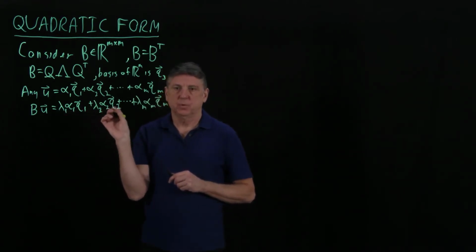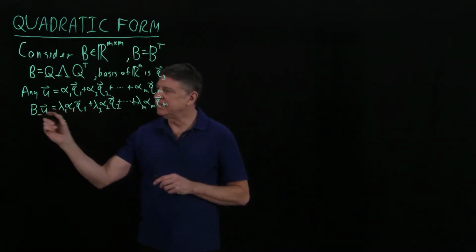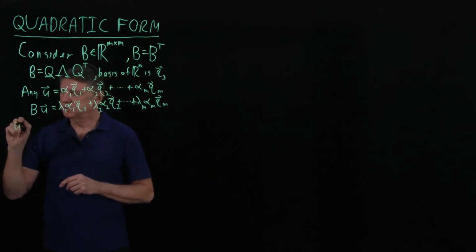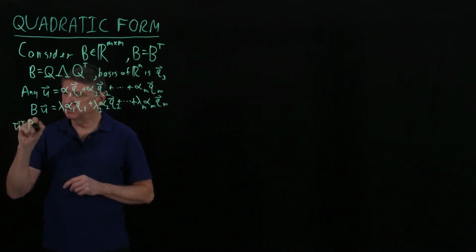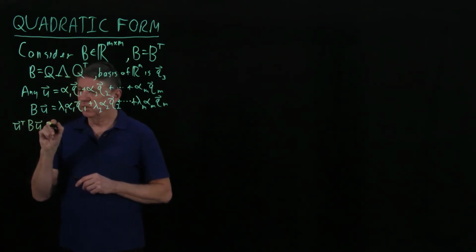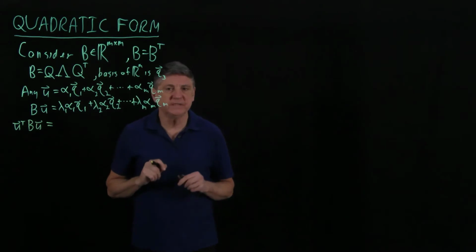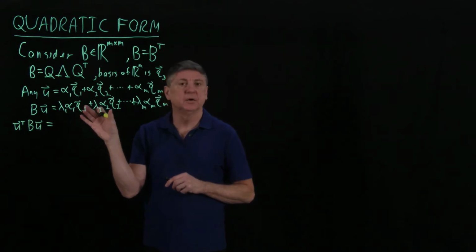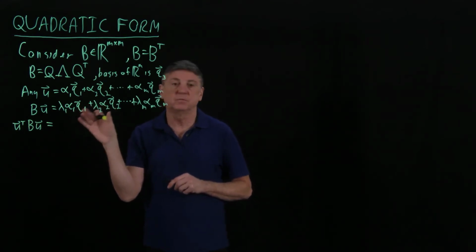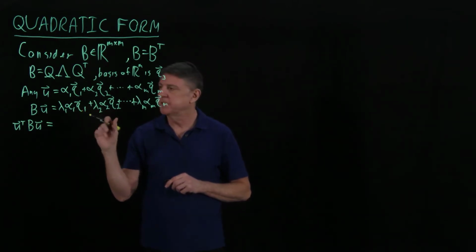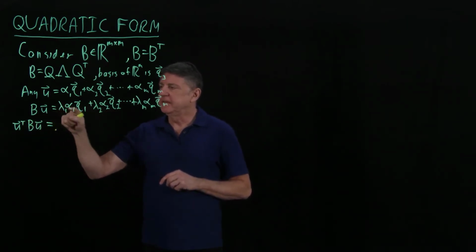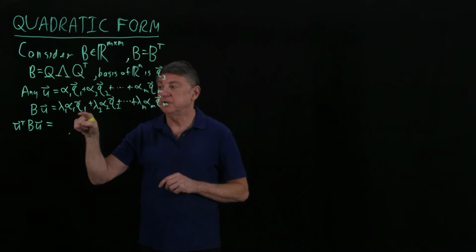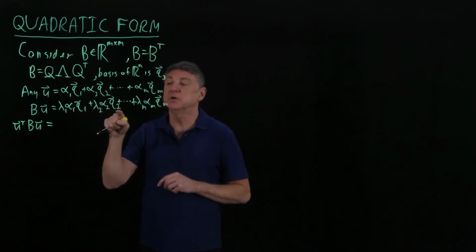What happens when I multiply this product by U transpose? So let's go through this. U transpose times B times U will equal, well, one way that we can reason this out is, let's suppose that we're just dealing with size 2 entries. Then U transpose, these are scalars, so the transpose would be alpha 1 Q1 transpose plus alpha 2 Q2 transpose.